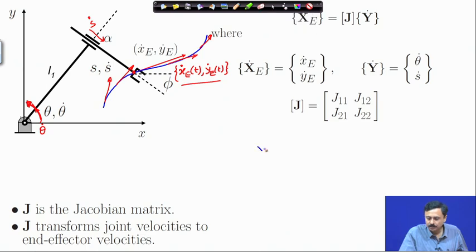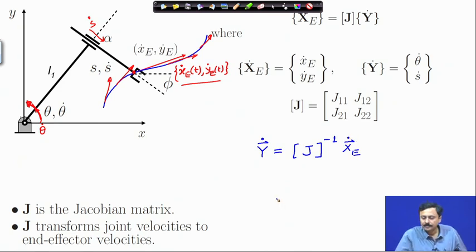So, what I need to do is I need to find out y e dot in terms of x e dot, which is through the inverse Jacobian relation. So, we need to invert this Jacobian matrix.